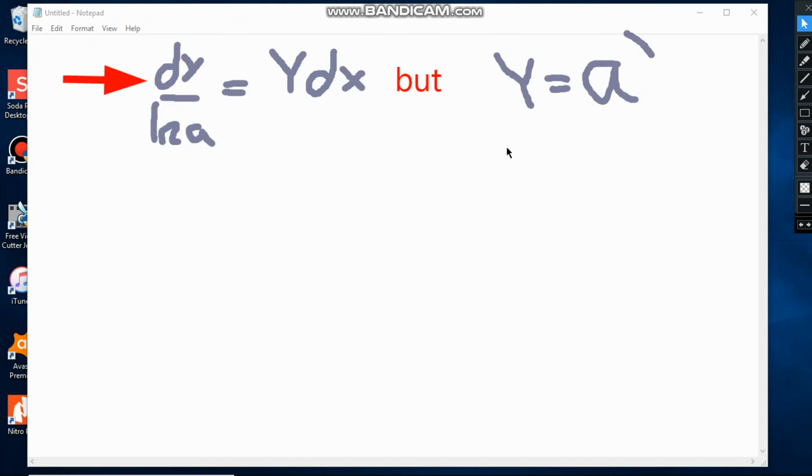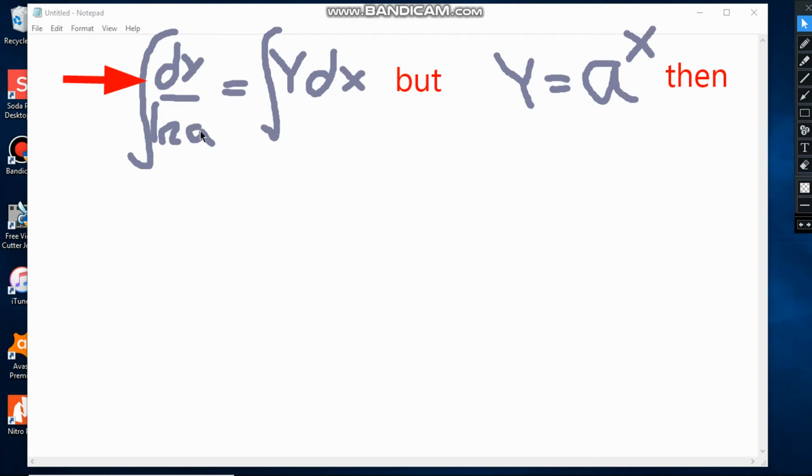But y is equal to a raised to x. So when we introduce integral to these expressions, both sides, integral of y dx and integral of dy over ln of a.